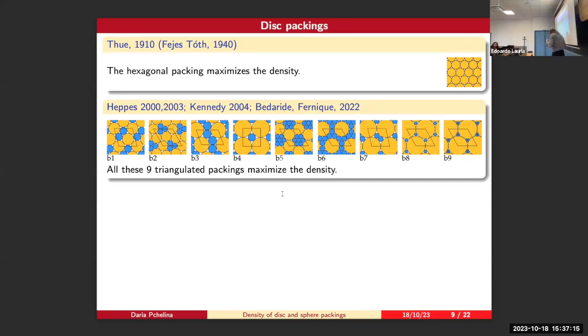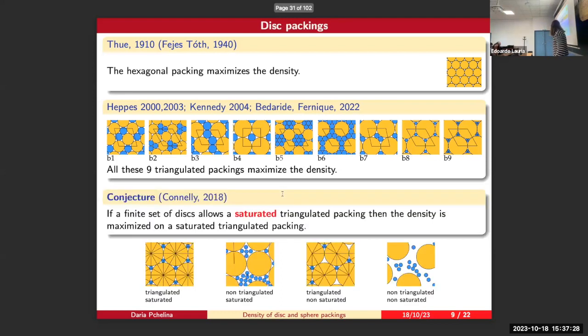So it seems natural to assume that it would be the case for any number of disks, that systematically a triangulated saturated packing will be optimal if it exists. That's the conjecture, we call it Connelly conjecture.